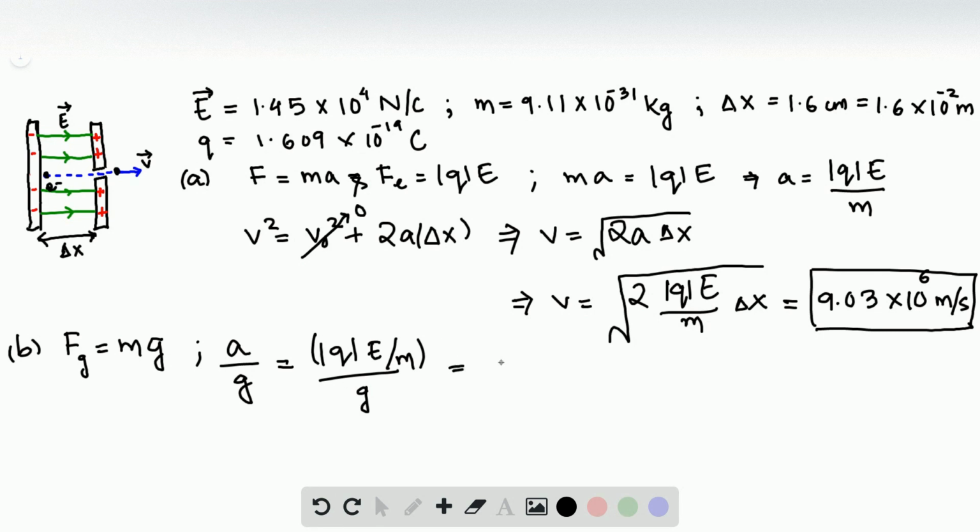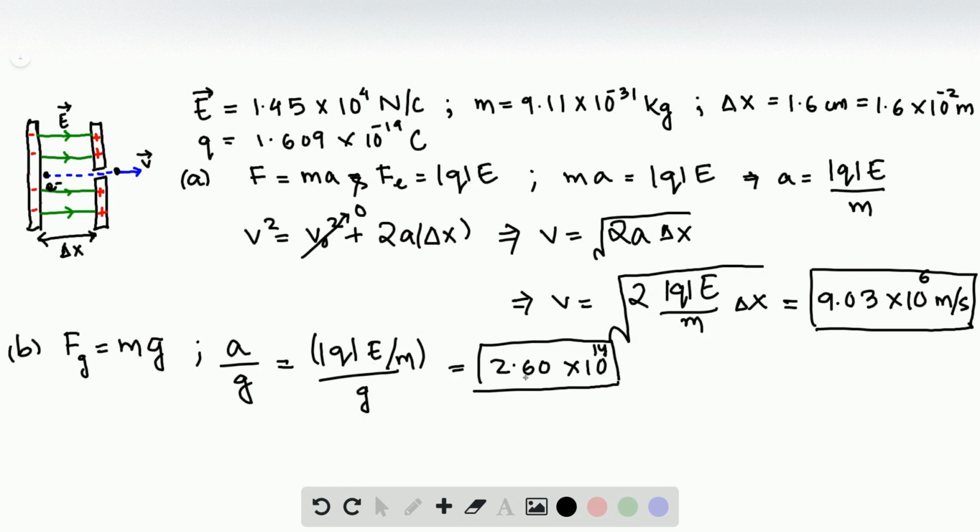And this gives about 2.60 times 10 to the power 14. This means that the acceleration of the electron is greater than the acceleration due to gravity by a factor of 2.6 times 10 to the power 14.